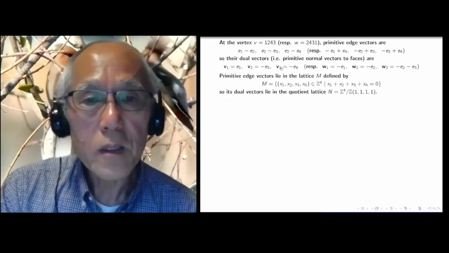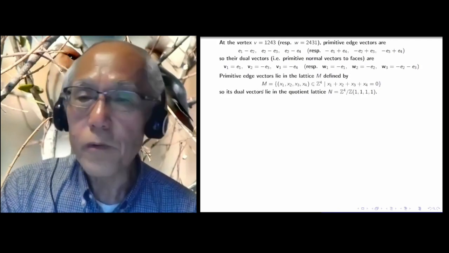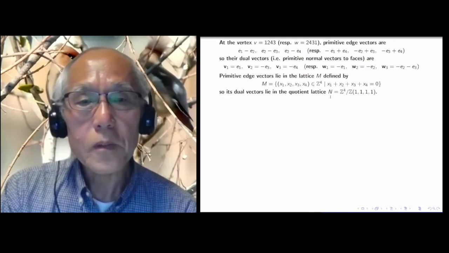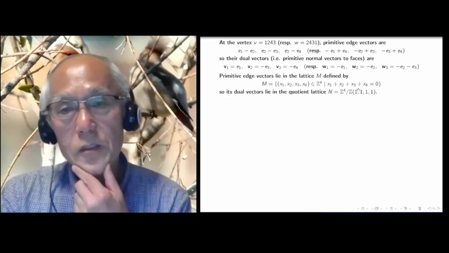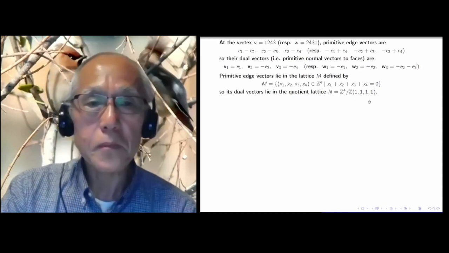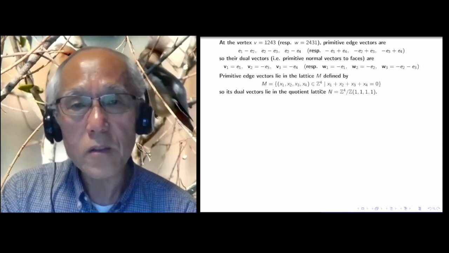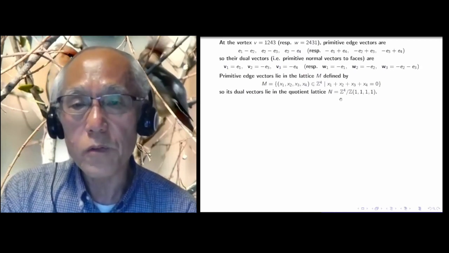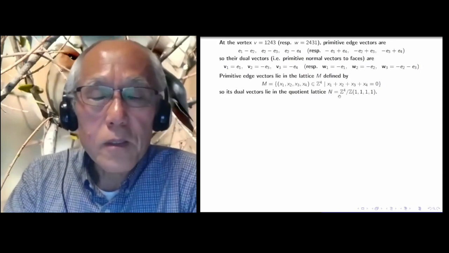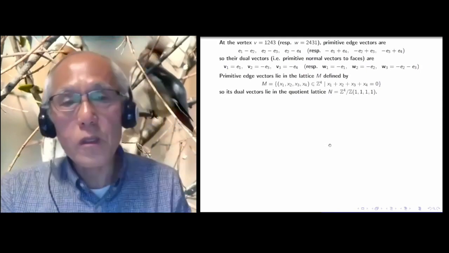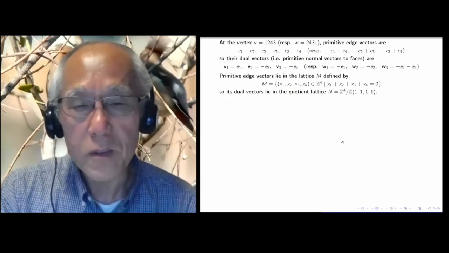These B and W are dual bases. The dual space of M is the quotient of Z4 by this line, because M is a sublattice of Z4, but N is a quotient of Z4 by this line. You can easily check that they are dual through the dot product, the scalar product.